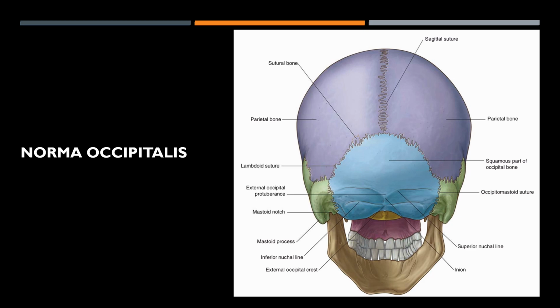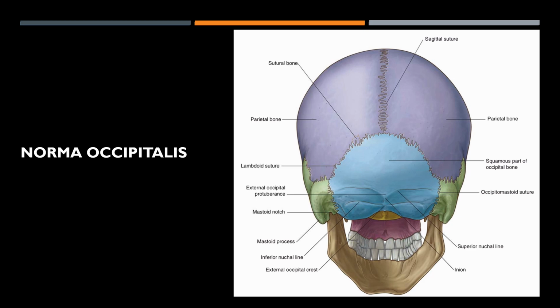The key features are the external occipital protuberance, this prominence here. It's like a bump in the midline, which serves as an attachment point for the nuchal ligaments. These ligaments help support the head's weight.